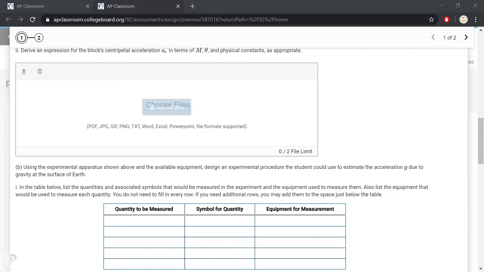And a_c is v squared over R, which is also equal to R omega squared. So these are the alternatives. You definitely need this. I need this. I would need this, and that should be it.